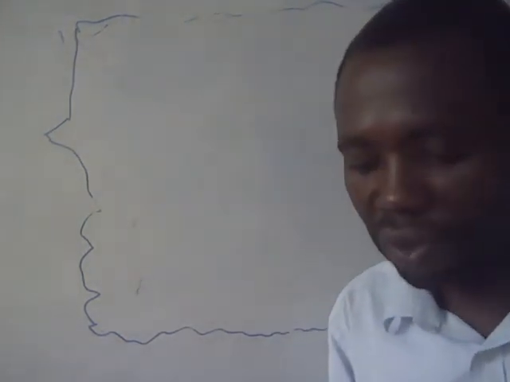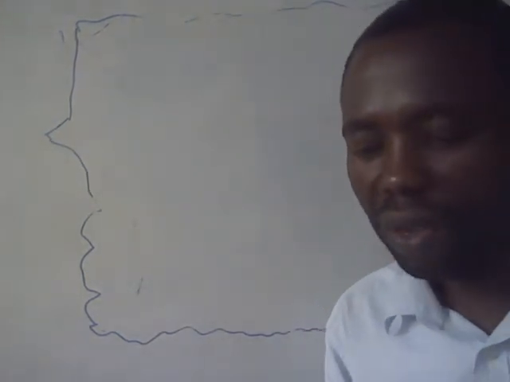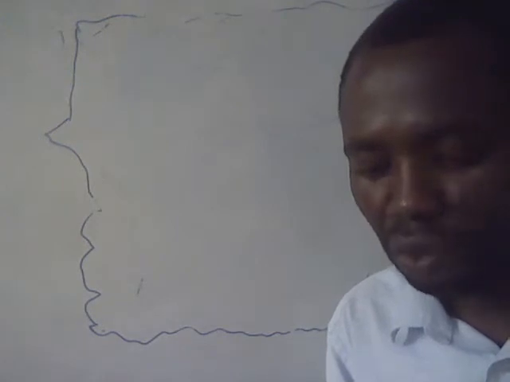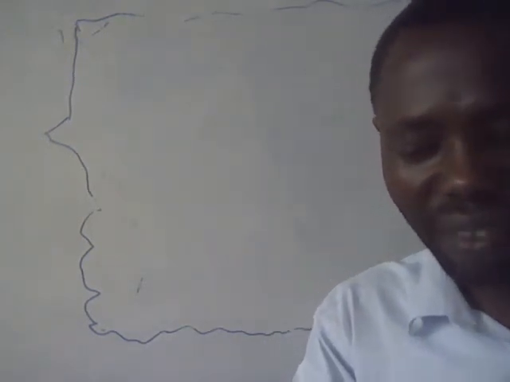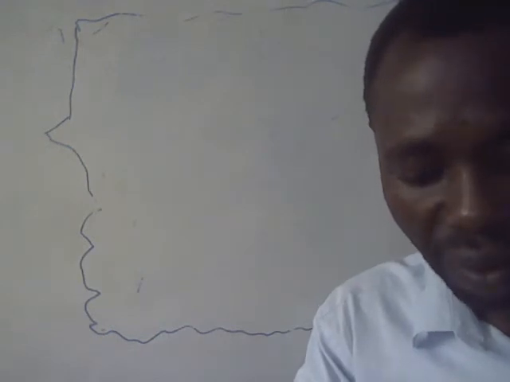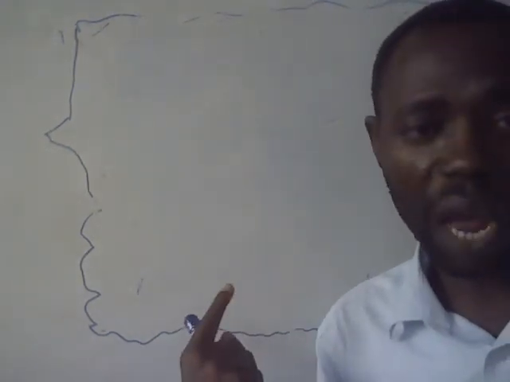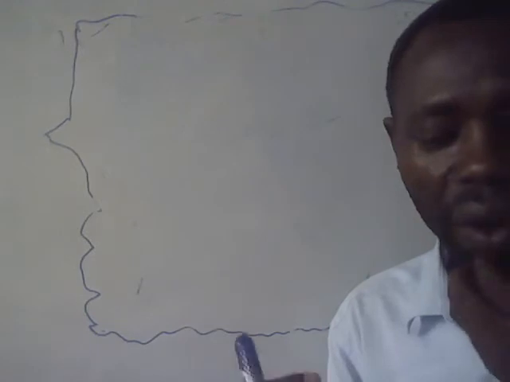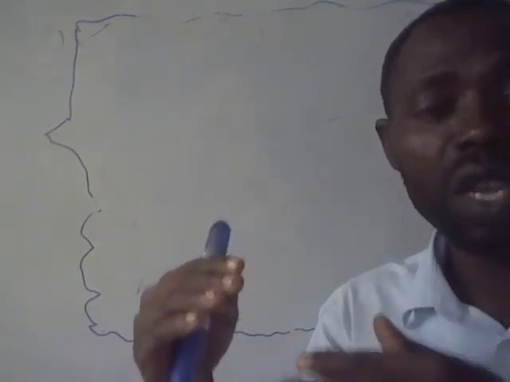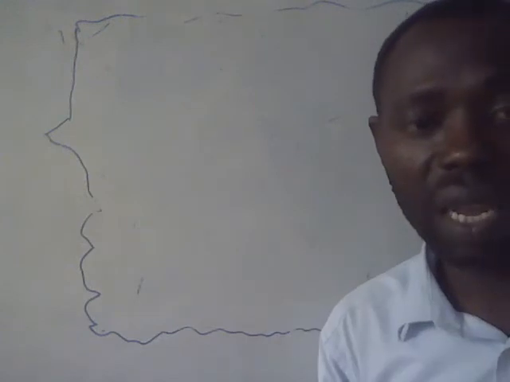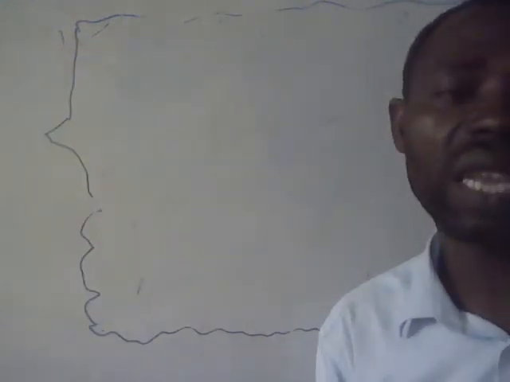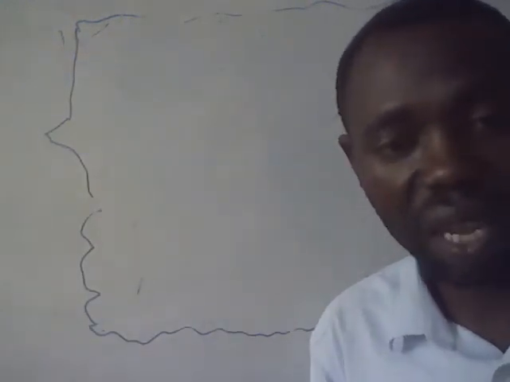Number 48. An atom radiates energy of 2.928 times 10⁻²⁰ joules when its electrons fall to the ground state. I've explained this one before. According to Bohr, when an electron jumps from a higher energy level to a lower energy level, energy is released.